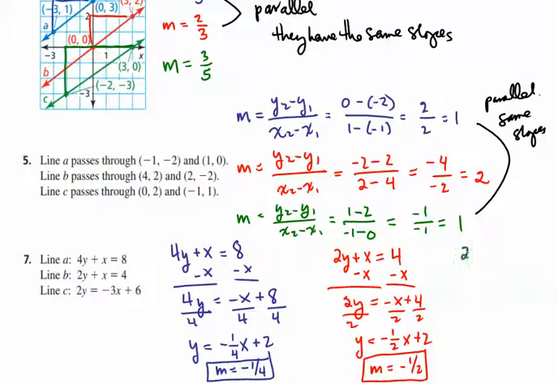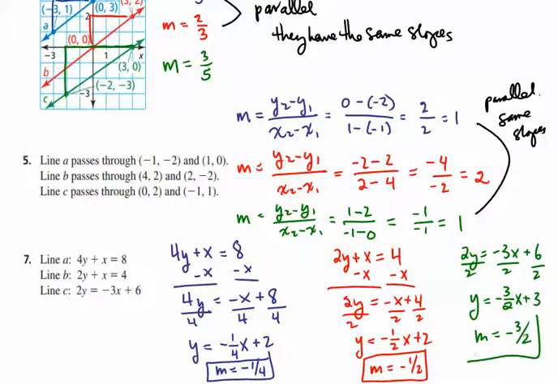Line 3, 2y is equal to negative 3x plus 6. Divide by 2, divide by 2, divide by 2. We get y is equal to negative 3 over 2 x plus 3. The slope is m is equal to negative 3/2, and I think you can see here that none of these lines are parallel to each other.